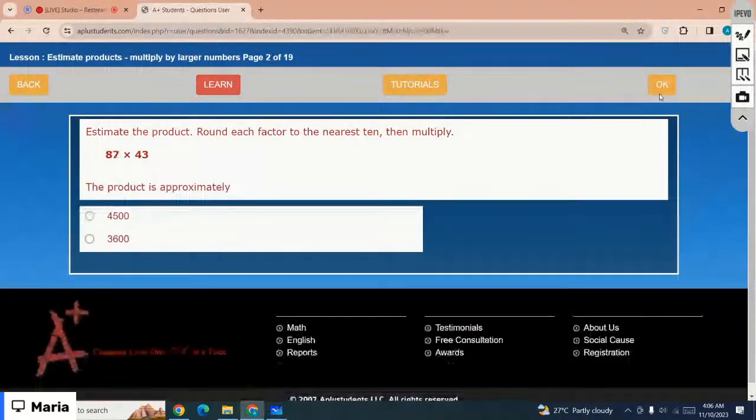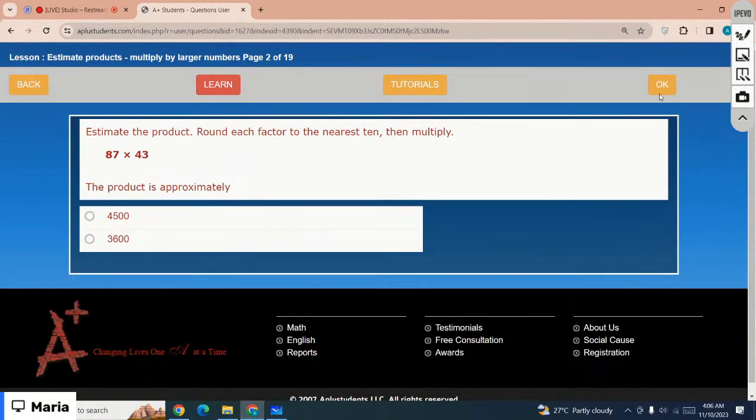The next one is 87 times 43. So which is the correct option? That's the one we did in the tutorial, isn't it? 87 is rounded off to 90, right? Because it is just three numbers away from 90.